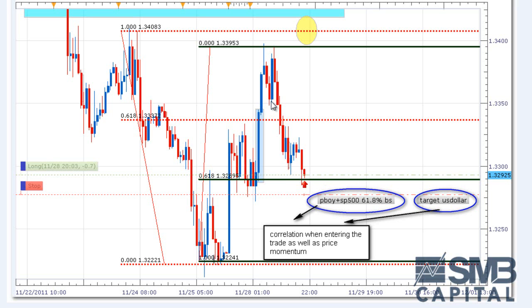So first off, patience is a skill that some traders lack. But once you know what kind of levels you're trading, then you patiently wait for those levels to be reached first. In this case, our levels to reach were levels of support at 61.8%. So during this time period, we were just waiting for the euro to reach that level.